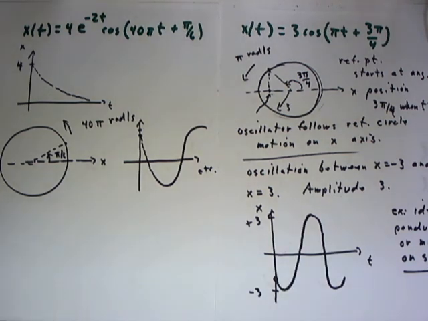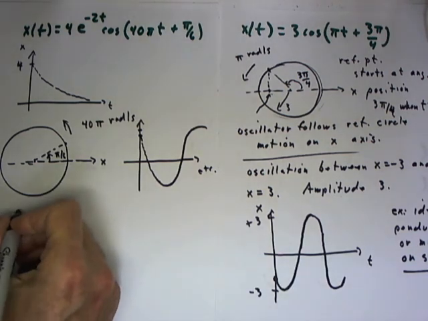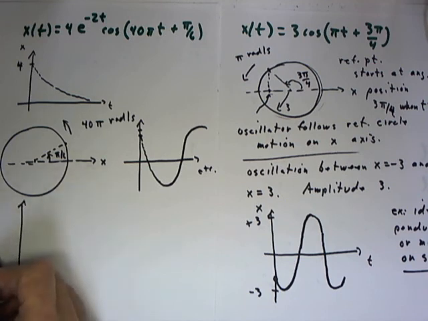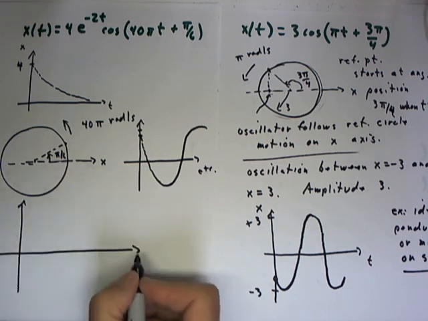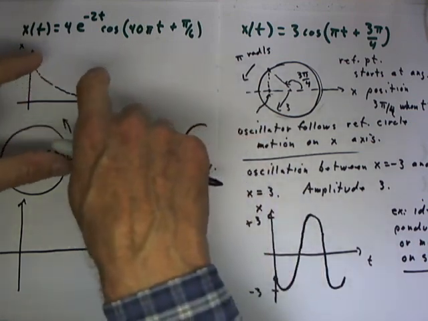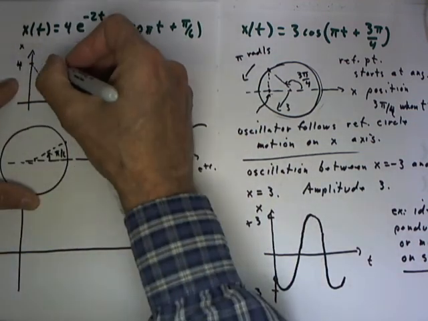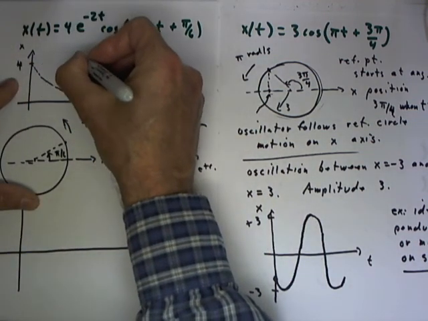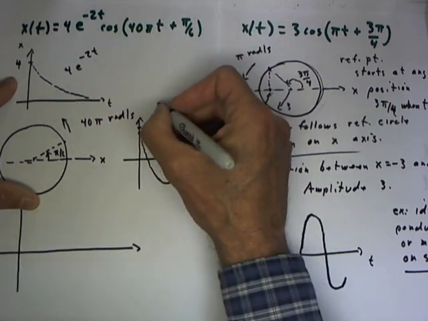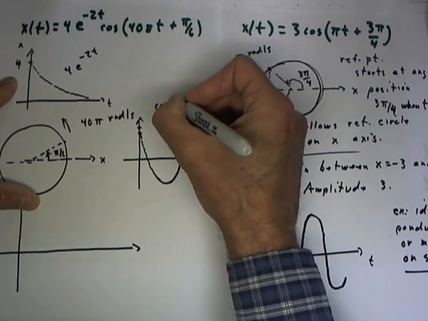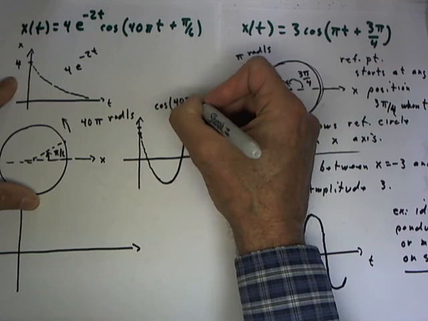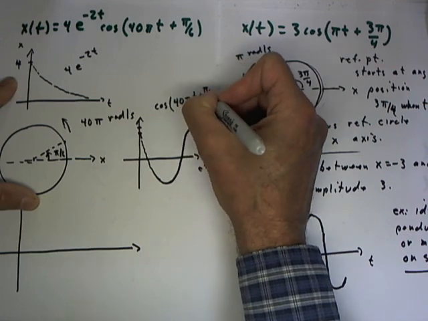Now our function x of t is going to be the product of this function for e to the negative 2t and this function cosine of 40 pi t plus pi over 6.